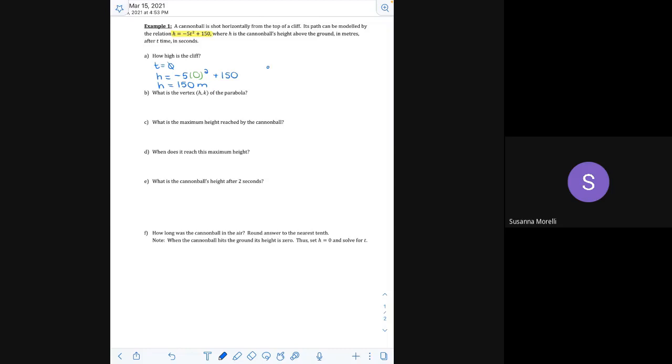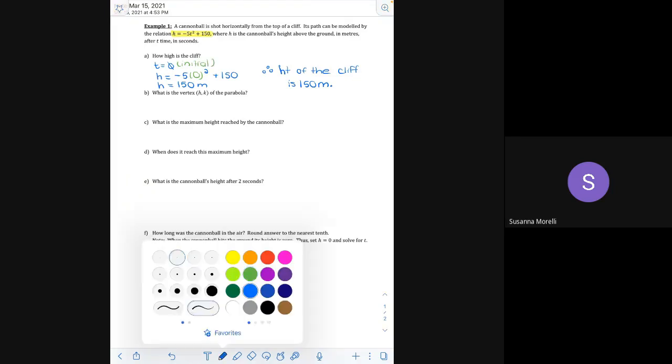Okay. So therefore, the height of the cliff is 150 meters. And again, it's the initial height of the cannonball, hence why we put t is equal to 0, because it's the initial height.